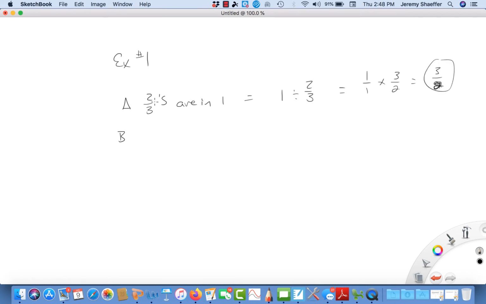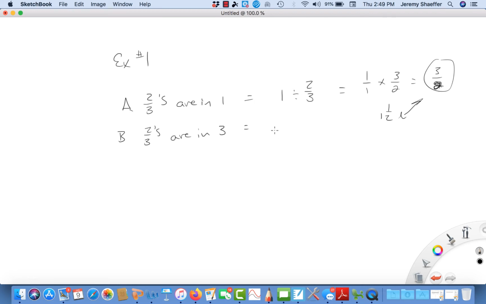Okay, so the answer to A is 3/2. We can redo that and say 1 and 1/2 because both of those are the same answer. B says, how many 2/3 are in 3?